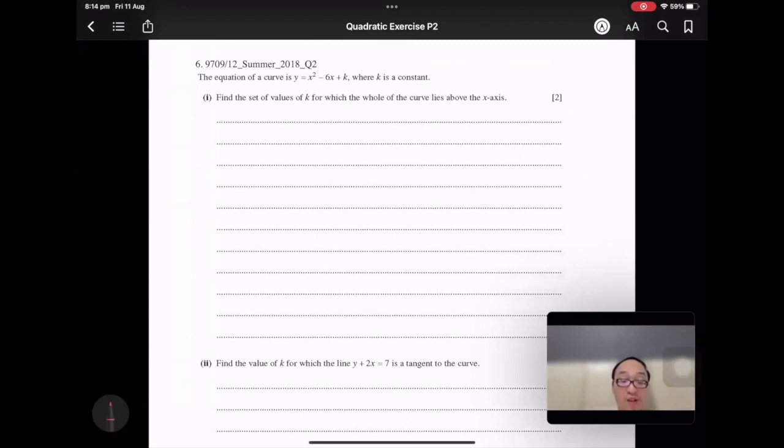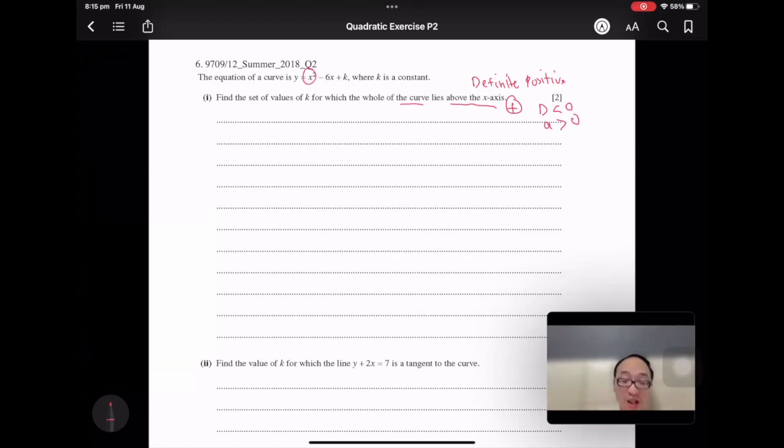The equation of a curve is y equals x squared minus 6x plus k, where k is a constant. Find the set of values for k for which the whole of the curve lies above the x-axis. So that means this will be definite positive, since all of the curve lies above the x-axis. So the discriminant should be smaller than 0 and a should be greater than 0.